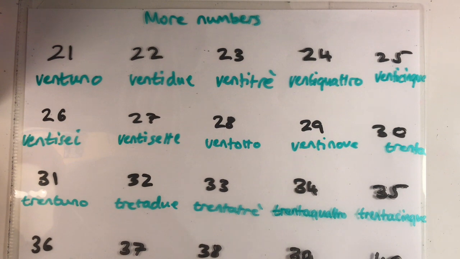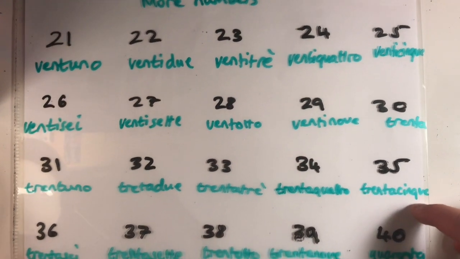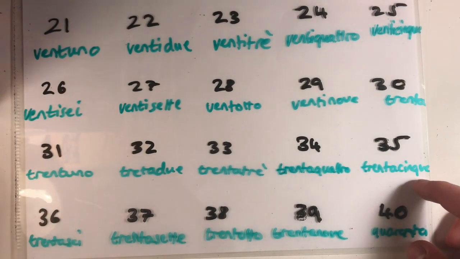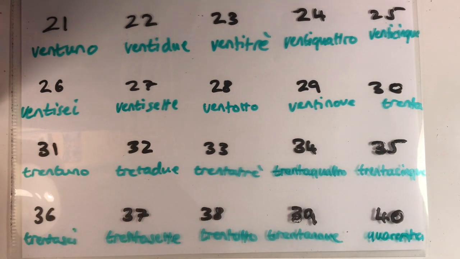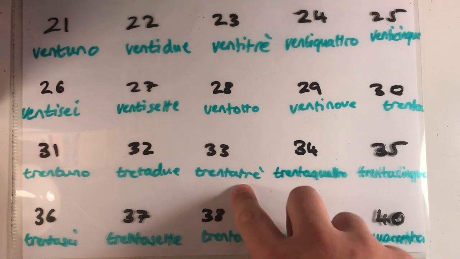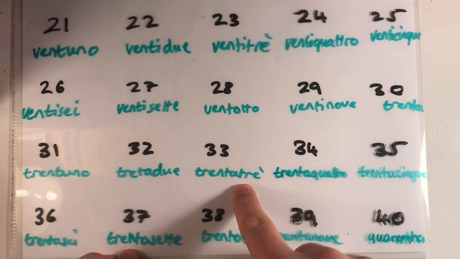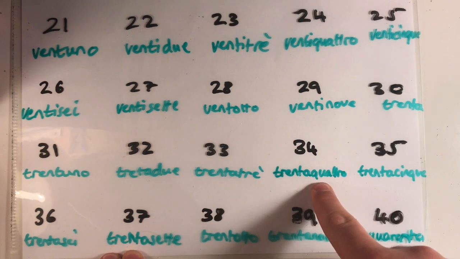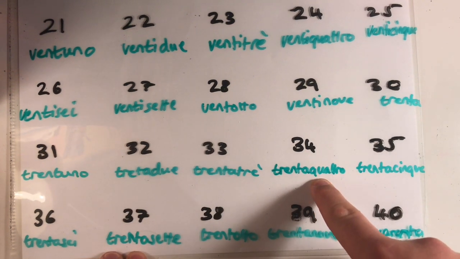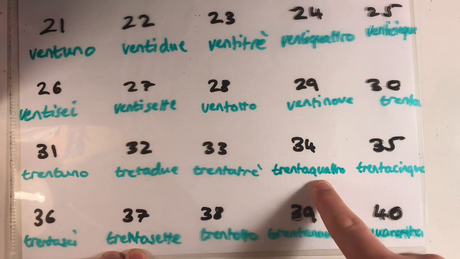And number 30 is 30. So let's look at 31 to 40 now. 31, 32, number 33, number 34.